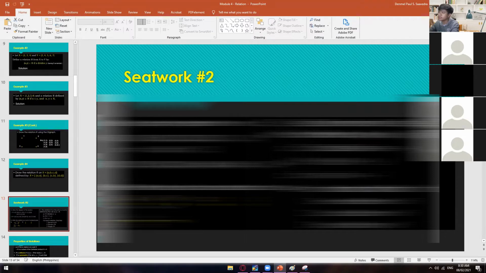And then letter C, the relation R on the set {1, 2, 3, 4, 5} defined by the rule (x, y) is an element of R, and then we have three conditions. Sir, the letter B has no relations.